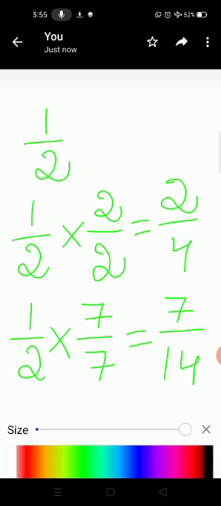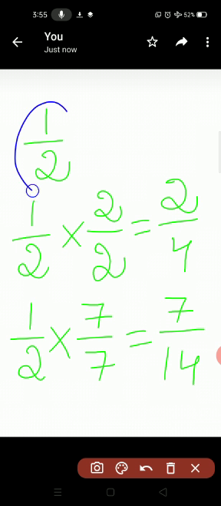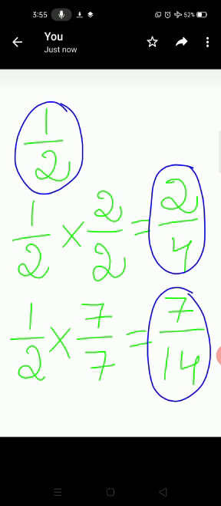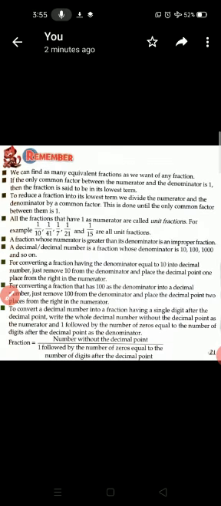So here 1 by 2, 2 by 4 and 7 by 14, these are the equivalent fractions. Like this, we can find many fractions for a given fraction. So this is about the first point.